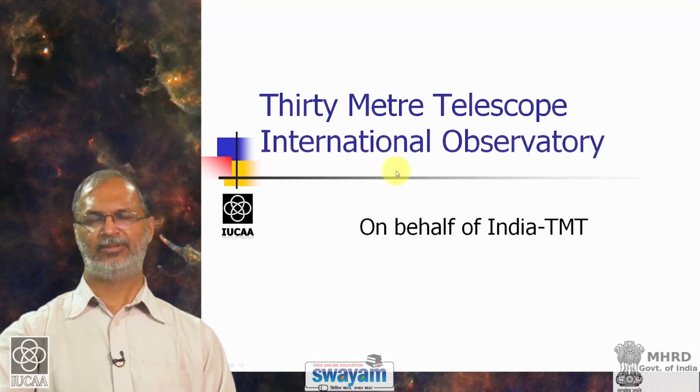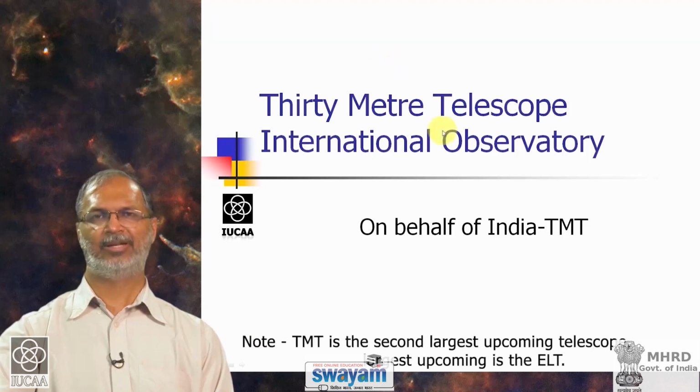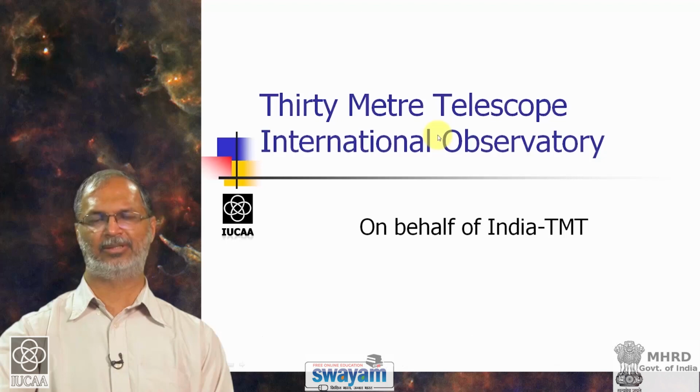Now, in addition to the space based facility I mentioned earlier, the James Webb Space Telescope, astronomers are building extremely large ground based telescopes. I mentioned that the next generation space telescope, JWST, has a diameter of 6.5 meters. However, the largest upcoming ground based facility has a diameter of 30 meters.